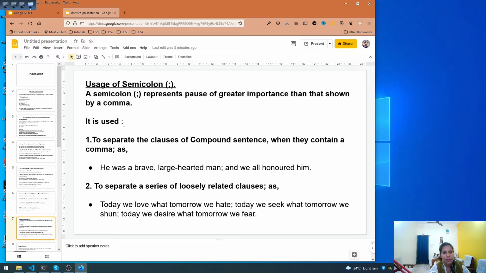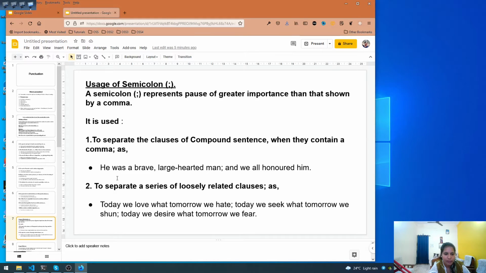So while reading, if you find a semicolon in between any sentence, the pause should be a little greater than for commas. It is used to separate the clauses of a compound sentence when they contain a comma.